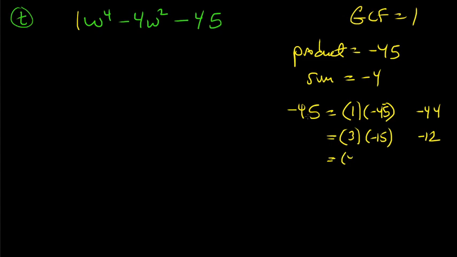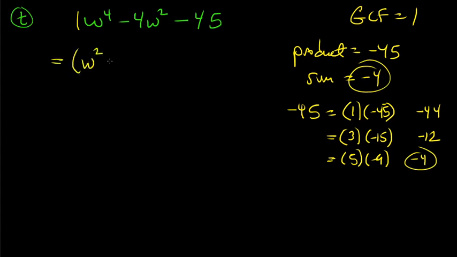But we can divide by 5 and get negative 9. And sure enough, 5 minus 9 is negative 4. There's our match. So this is going to factor as (w² + 5)(w² − 9), although it doesn't matter the order, right?